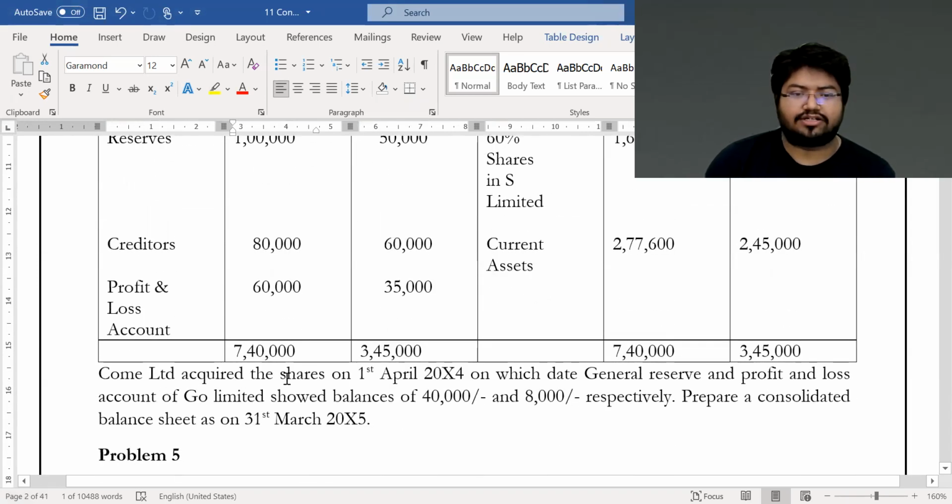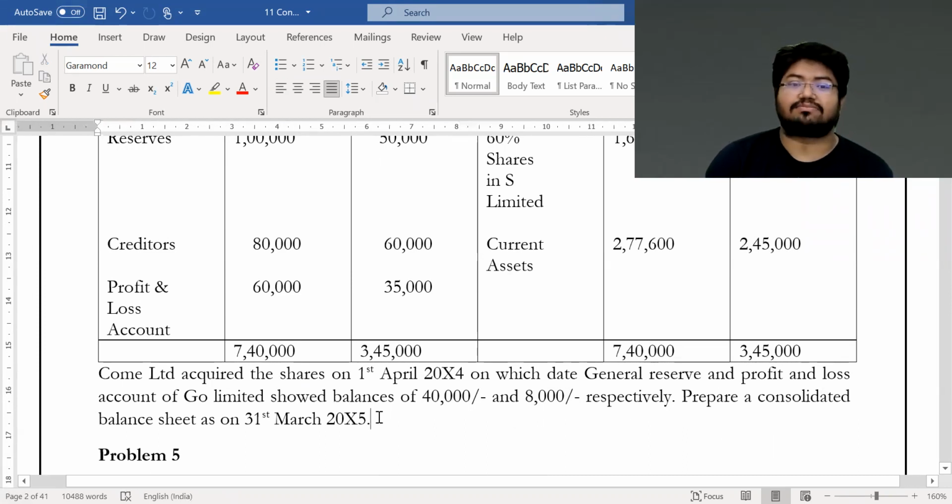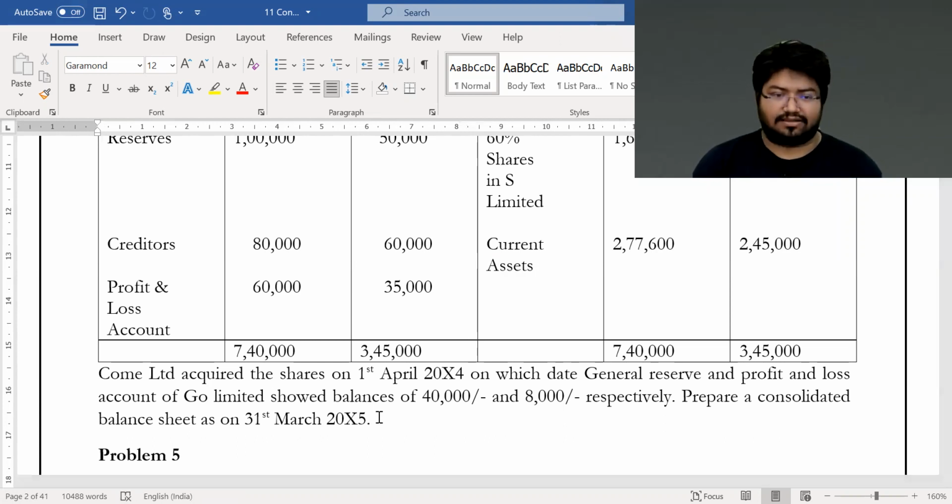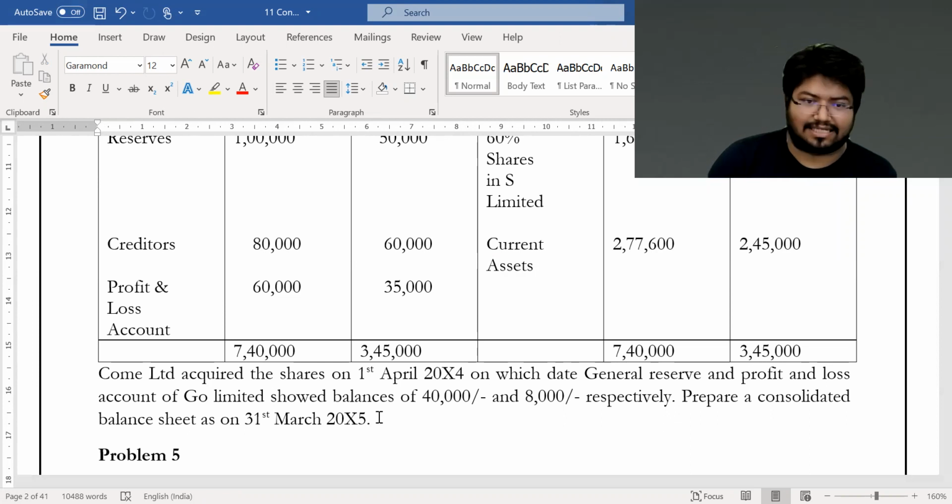Com Limited acquired shares on 1st April 24, on which date general reserve and profit and loss account of Go Limited showed balances of 40,000 and 8,000 respectively. Prepare consolidated balance sheet as on 31st March 25. So slightly he's increasing the depth. The question depth is increasing.